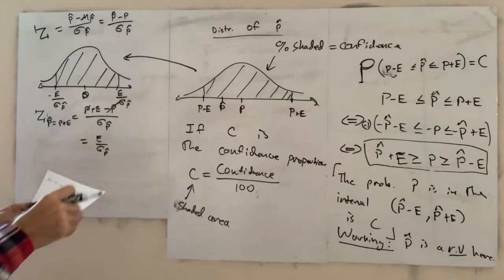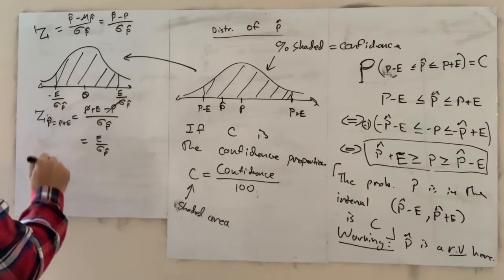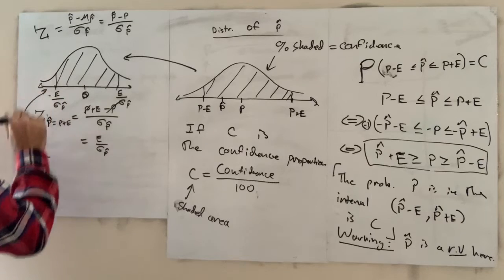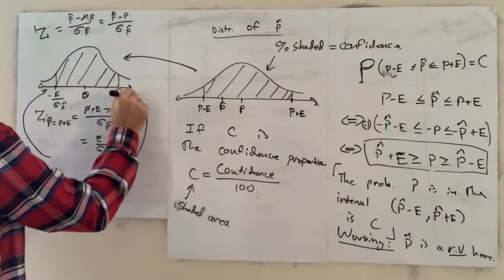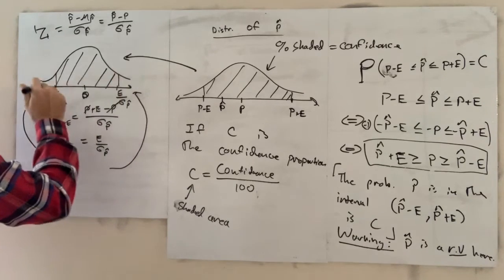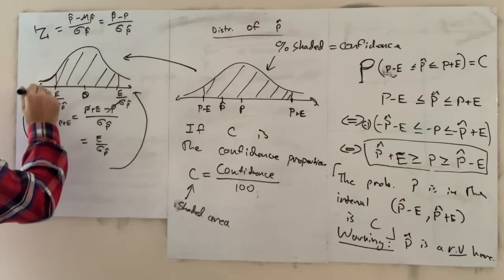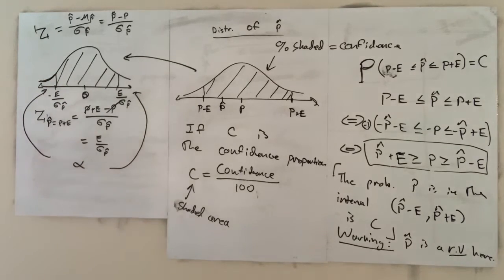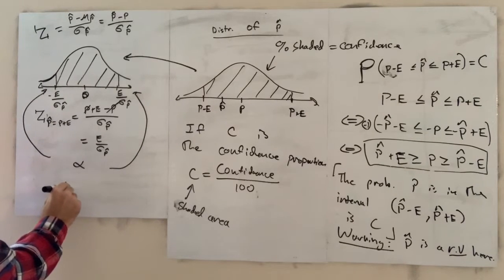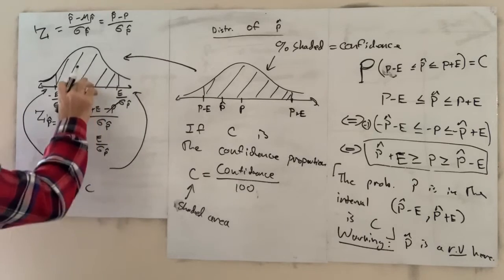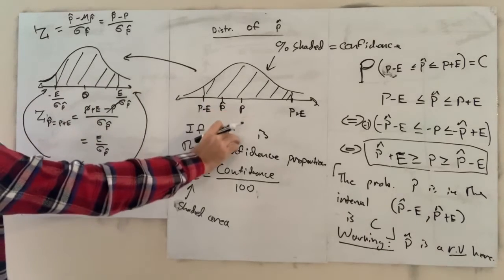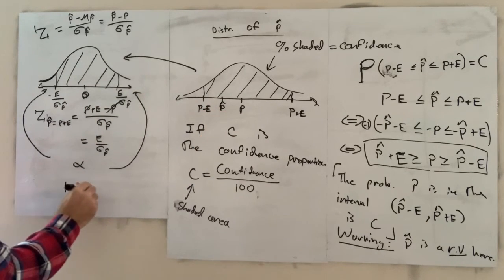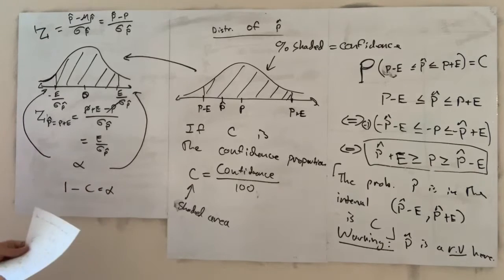So again, keep that in mind. And if we look at this area that's non-shaded, the complement, and we call that area alpha, then notice 1 minus our C, our chosen confidence proportion, that's going to be equal to alpha.